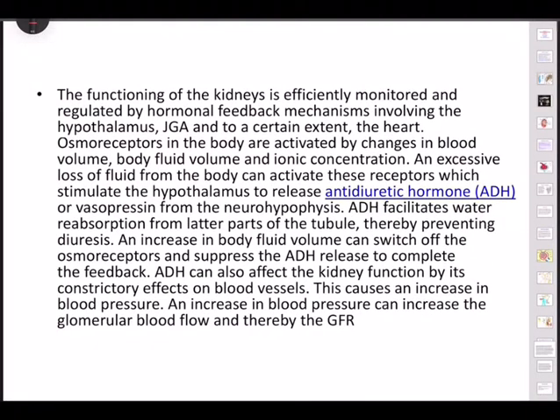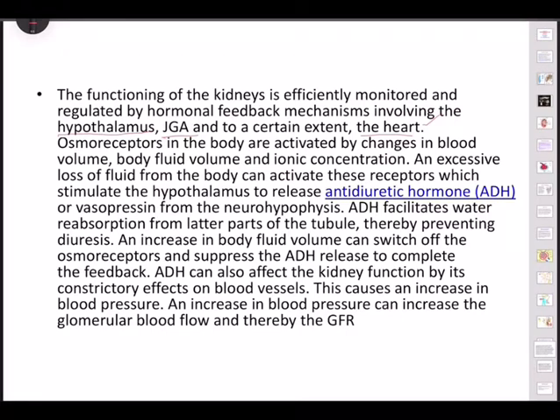The functioning of the kidneys is efficiently monitored and regulated by hormonal feedback mechanisms involving the hypothalamus. Just now I said hypothalamus, JGA, and to a certain extent the heart. So the heart also is involved.